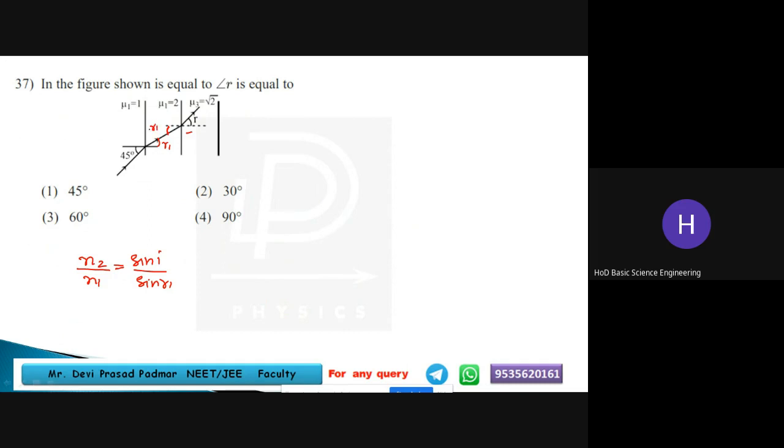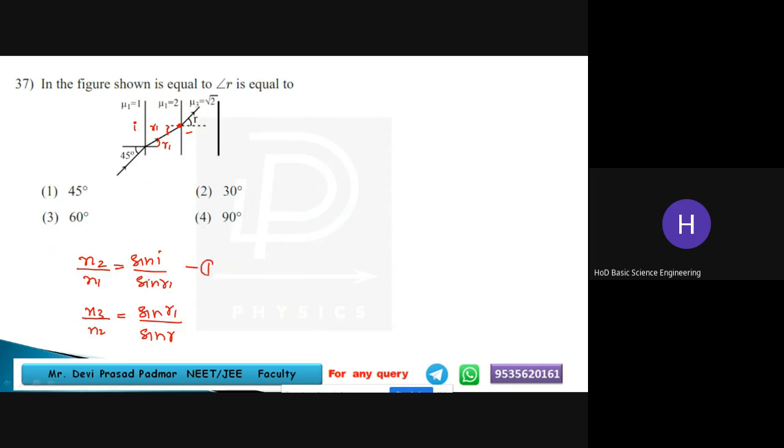So this is nothing but the angle of incidence for this second surface. So n3 divided by n2 equals sine r1 by sine r.